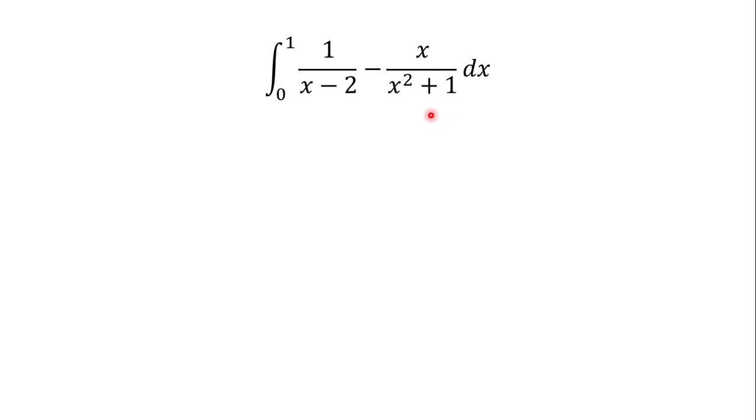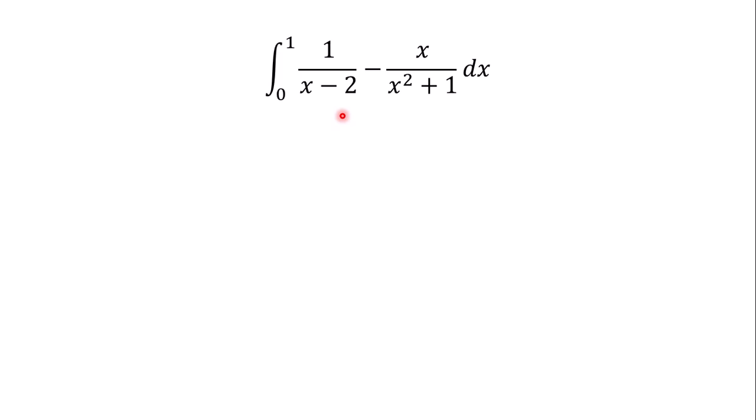Now, after splitting into partial fractions, the integration has become easier to solve. So here we're just going to integrate directly without doing anything. We can easily write the answer for this one and also for this one as well. So there's no need for us to split them again.